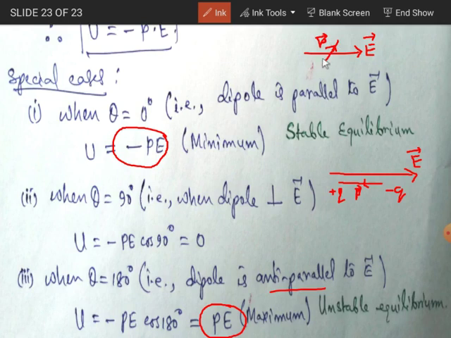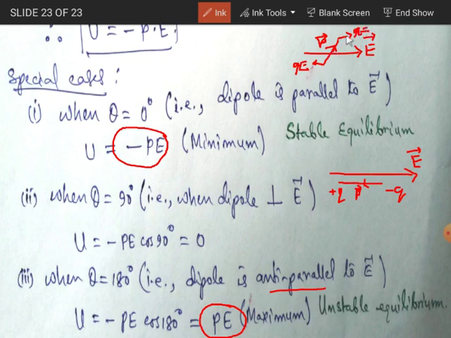Now your negative charge is experiencing a force against the electric field E, along this direction. Another force is also acting: this positive charge will experience qE in the direction of the field.